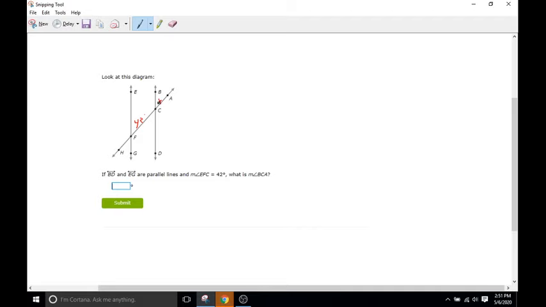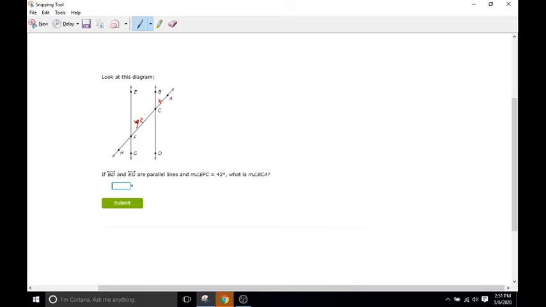Okay, so what is the angle relationship between our angle here and our angle up here? Well, again, since these two lines are parallel, and they're all going to be parallel for this IXL, we know that these two angles are called corresponding angles, right? They're both on the same side of the transversal, so they're both kind of on the upper side of the transversal. And they're also on the same side of the respective parallel lines.